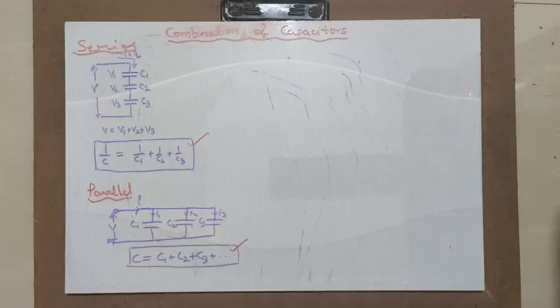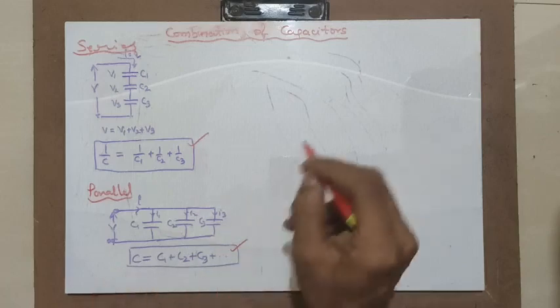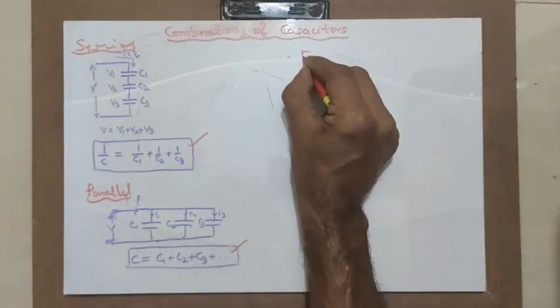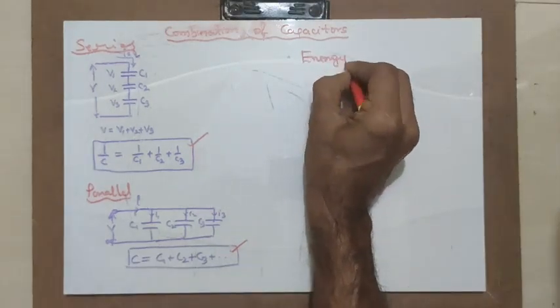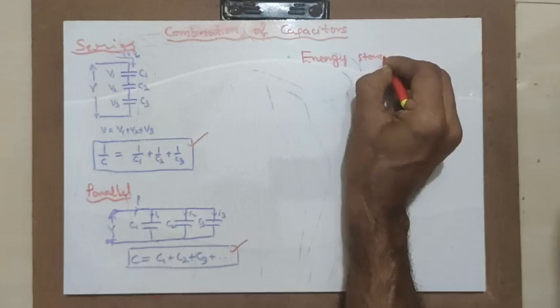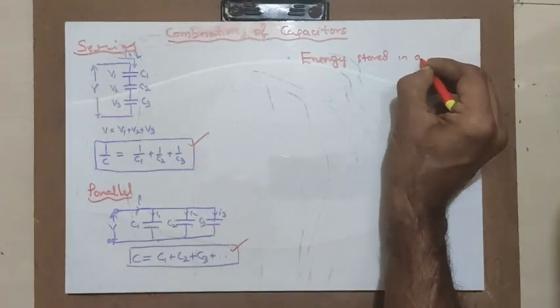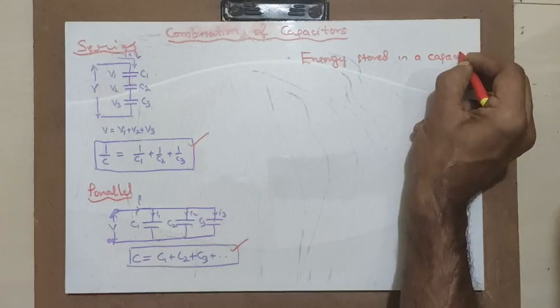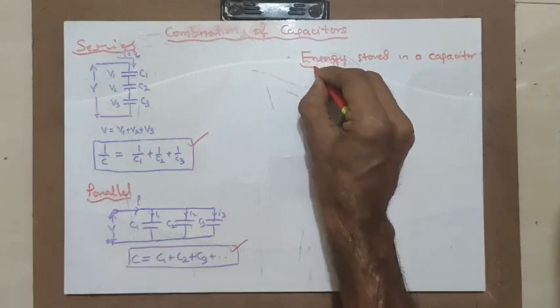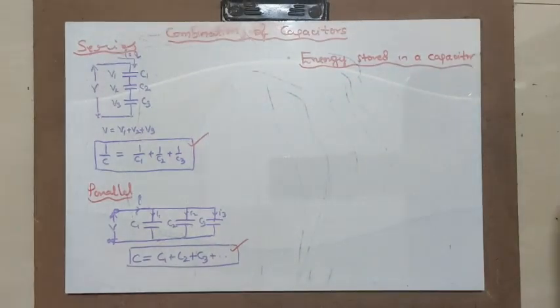Now let us see the energy stored in a capacitor. You already know that capacitors have dielectric material in between two metals. Hence a capacitor is importantly an element which stores energy.